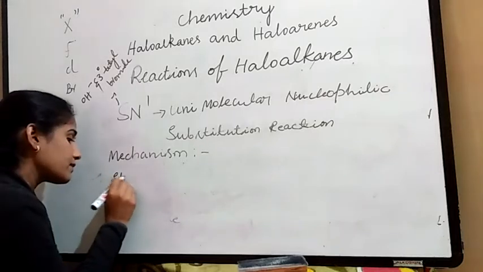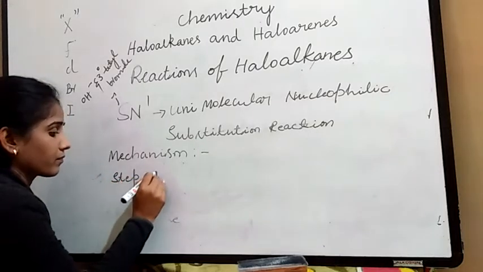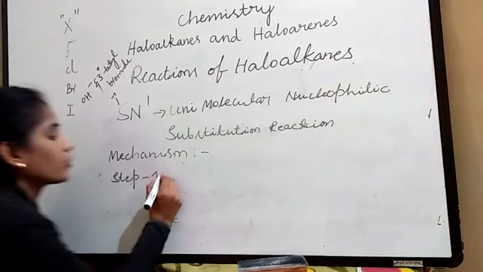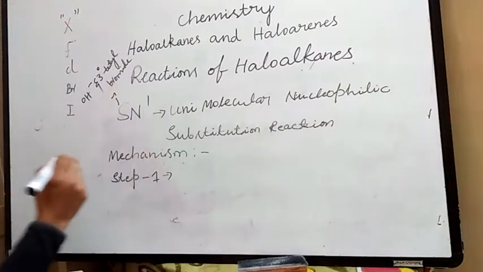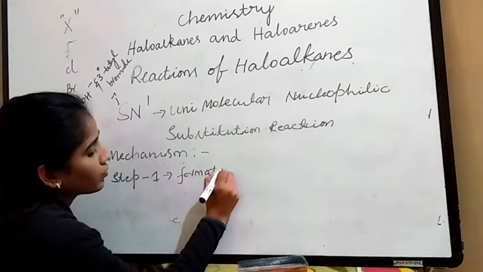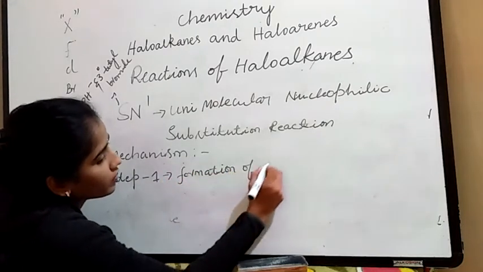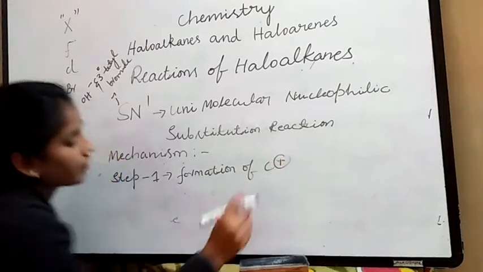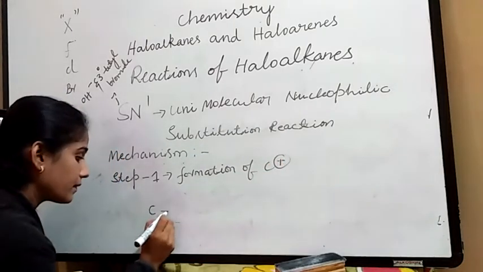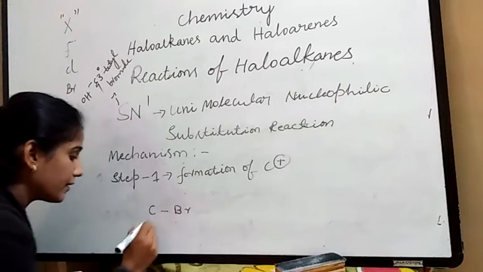Step 1 is formation of carbocation. So, tertiary butyl bromide, right?